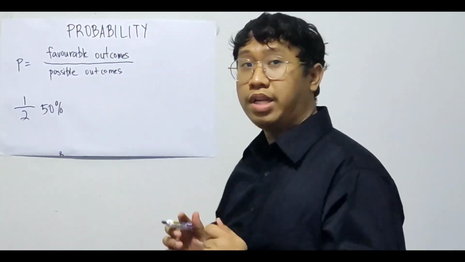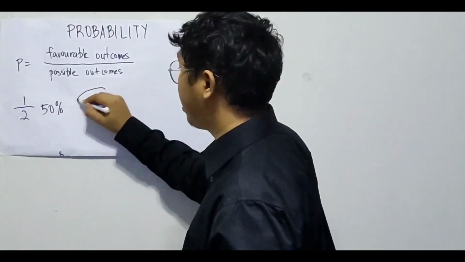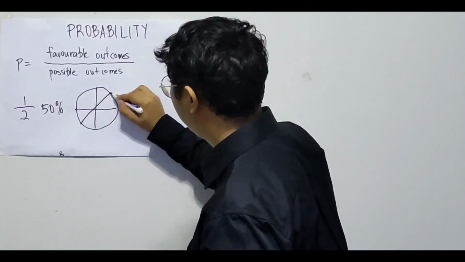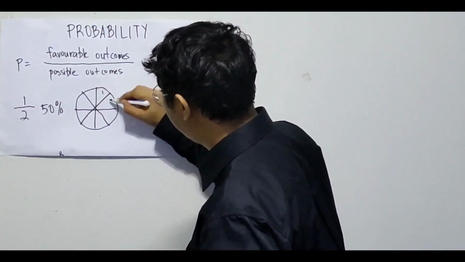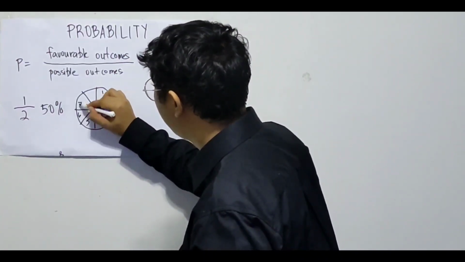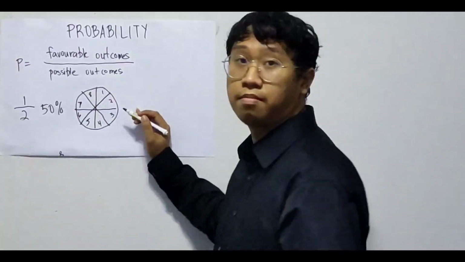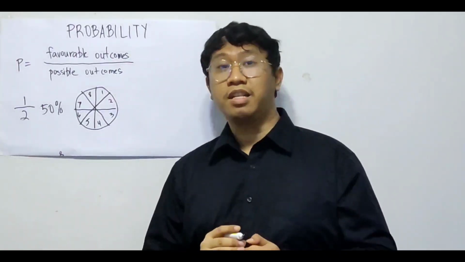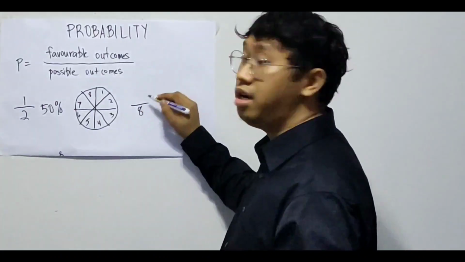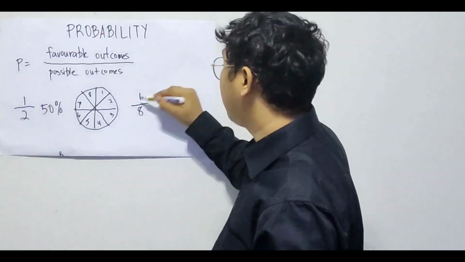Or take a roulette with 8 numbers, for example. Since it has 8 panels, the chances of getting a certain number is 1/8 or 12.5%.